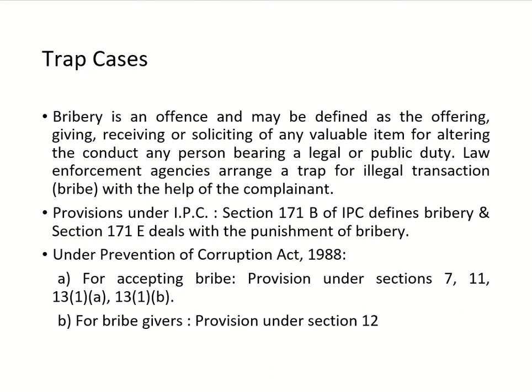Under the Prevention of Corruption Act 1988, for accepting bribery, the provisions are explained under sections 7, 11 and 13. For bribery givers, the provisions are under section 12.